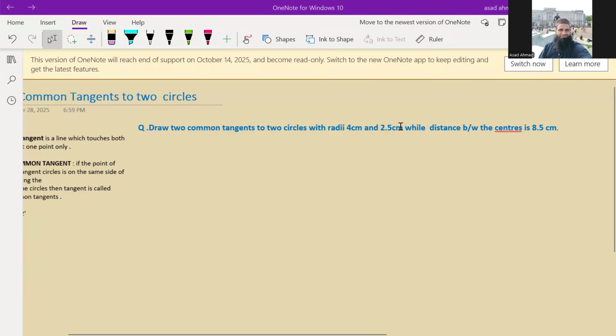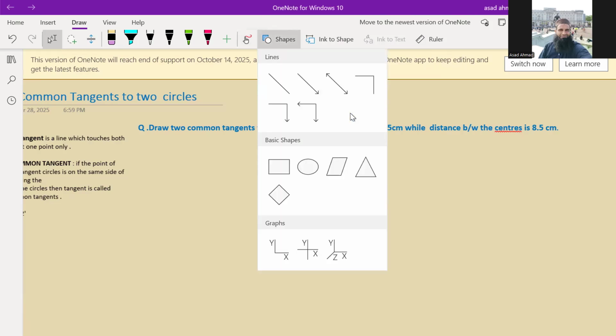For practice, I have taken one question: draw two common tangents to two circles with radii 4 centimeters and 2.5 centimeters, while the distance between the centers is 8.5 centimeters. We will start by drawing one line segment.